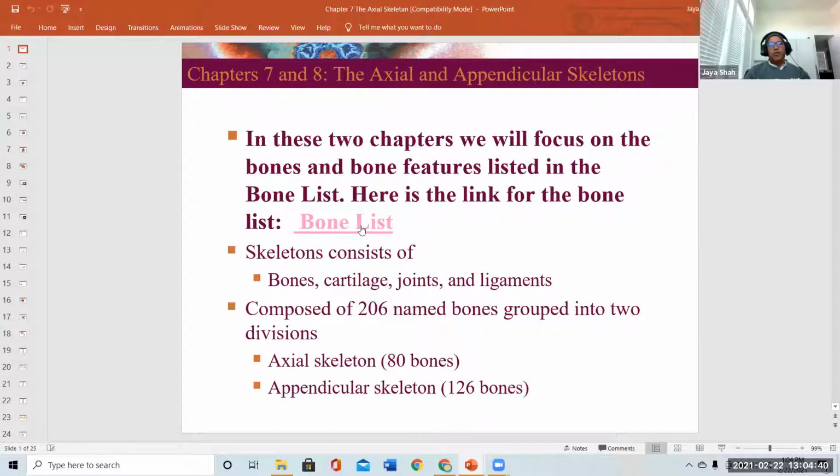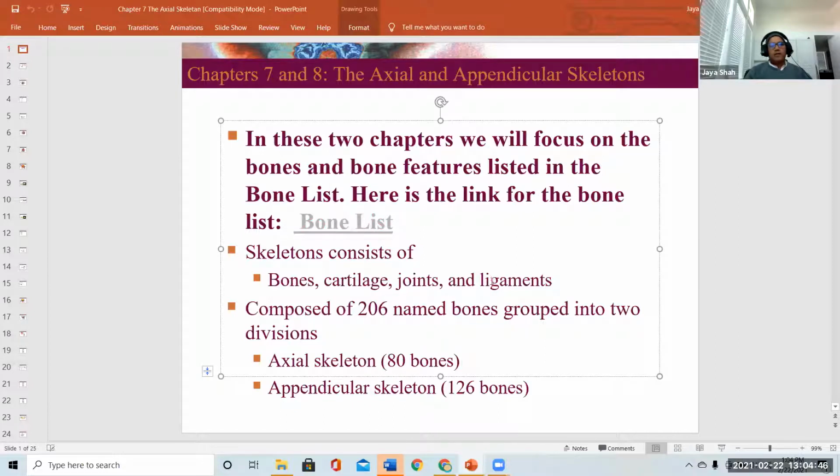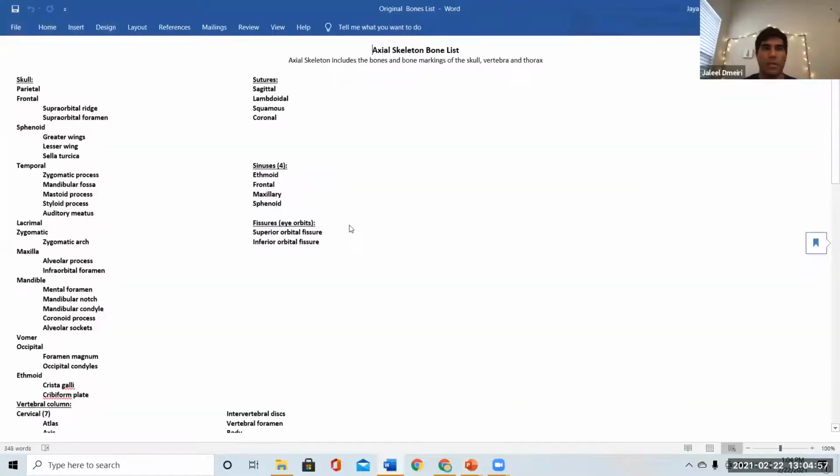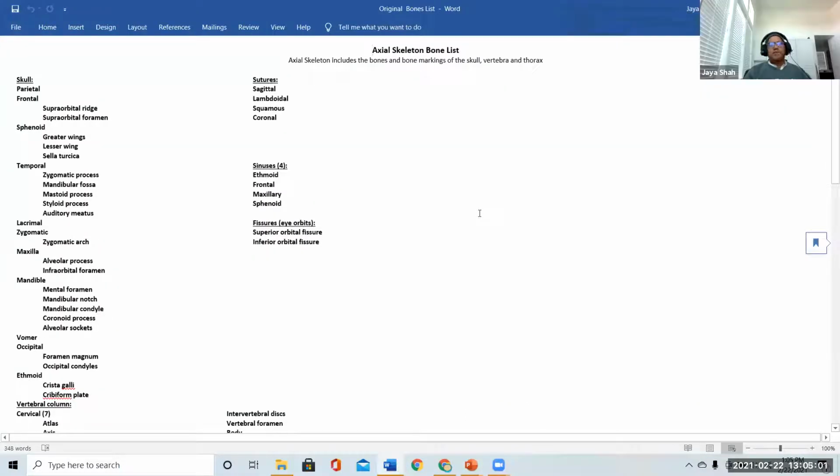I'm clicking control and then click, and it opens the bone list. What happened? I think it opened in Word. Yeah, so it opened. Can you see my screen?